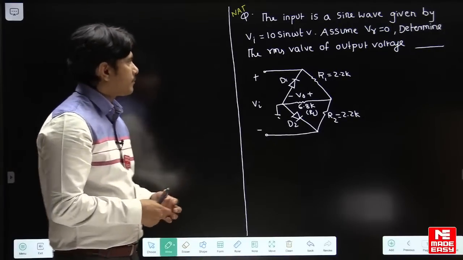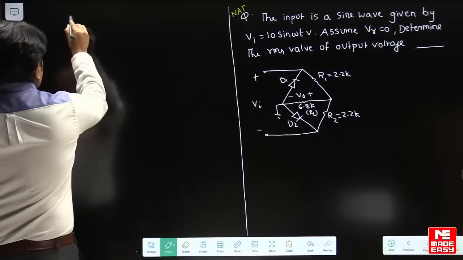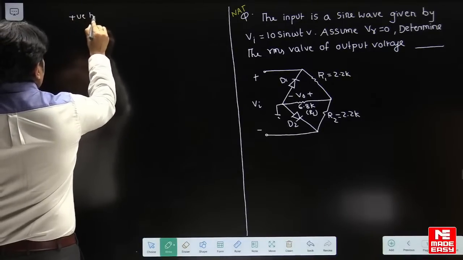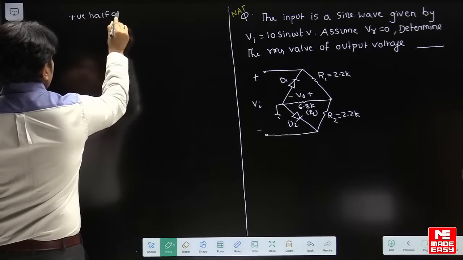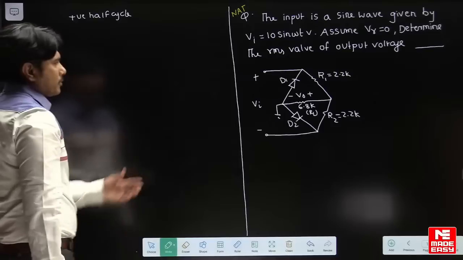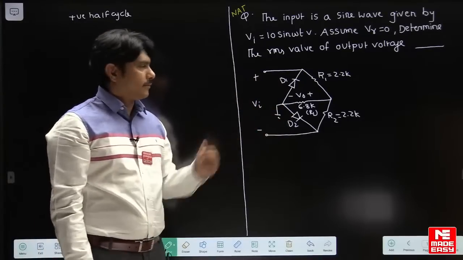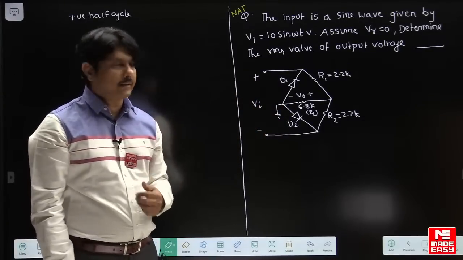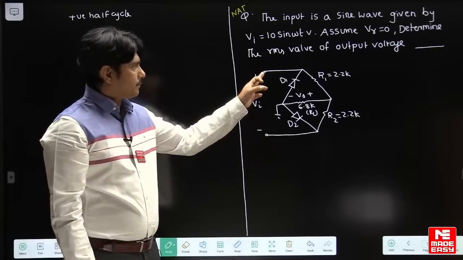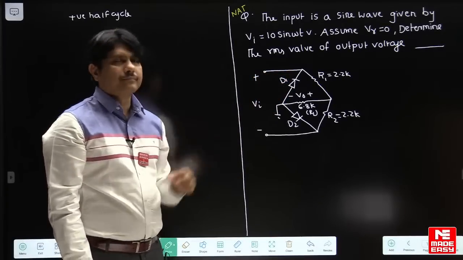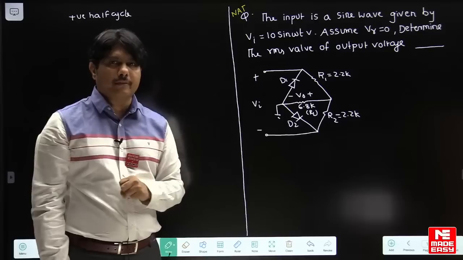Let us understand. If I take the positive half cycle, it's very easy. Most of the students who have basic knowledge of diodes can understand the position of the diodes very easily. You are starting from plus. When you are going like this, D1 is opposing the current, so D1 will be reverse.